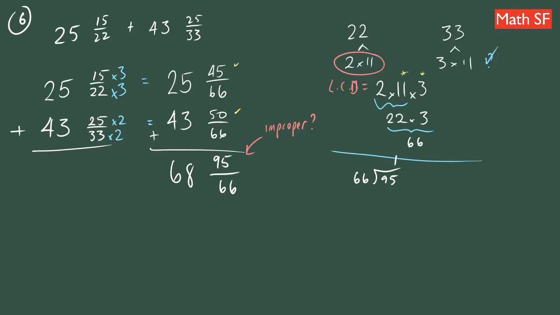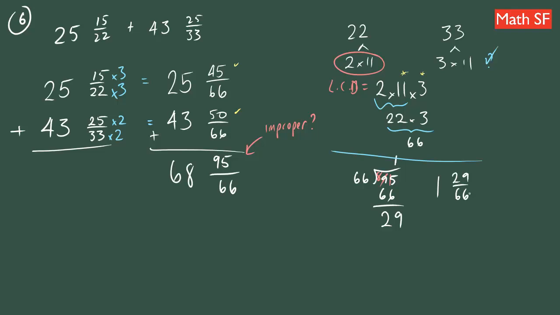I believe that only goes once. 1 times 66 gives you 66. Subtract that. We have to do some borrowing there. This becomes 8, this becomes 15. 15 minus 6 is going to be 9. 8 minus 6 is 2, so it's 29. So what we are left with is 1 and 29 over 66.